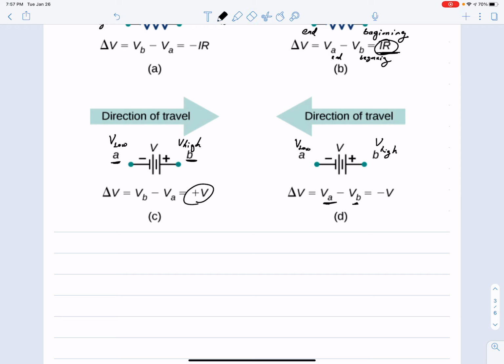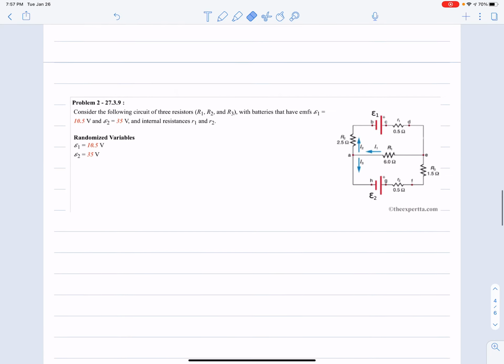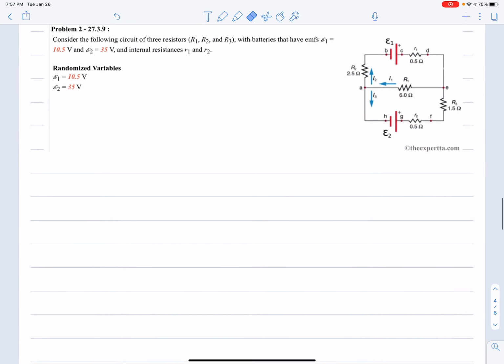Okay? And that subtraction, that change, will give me a negative number. Okay? Good stuff.